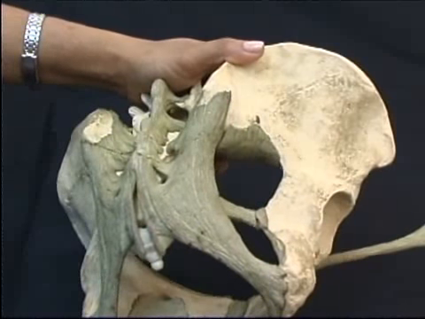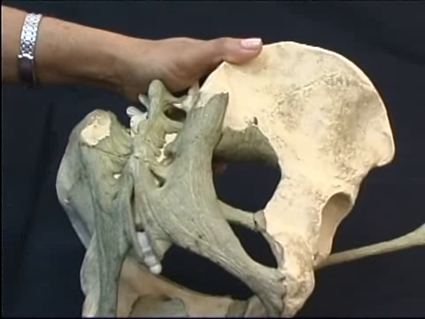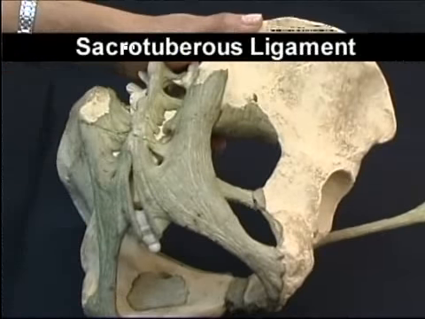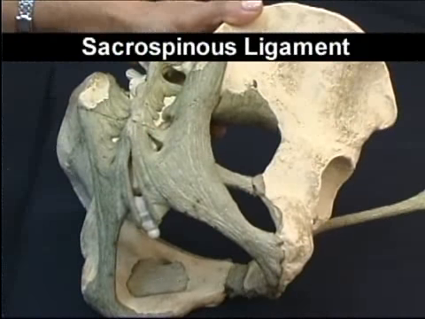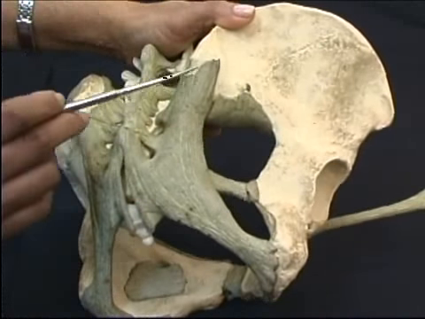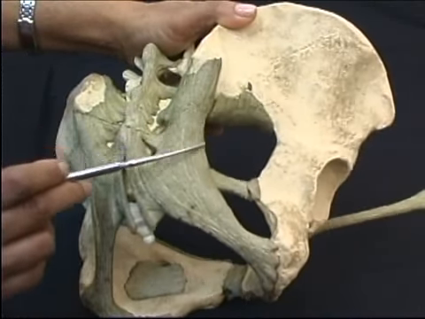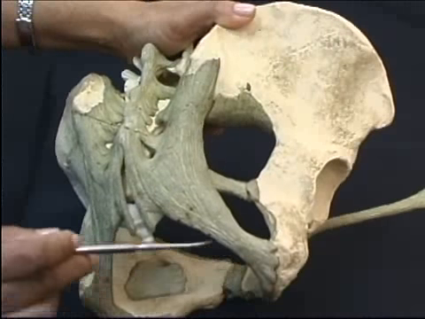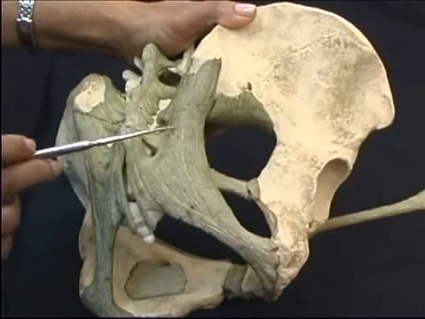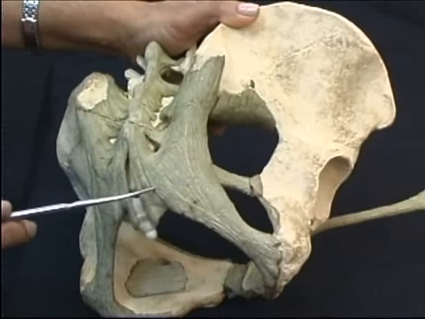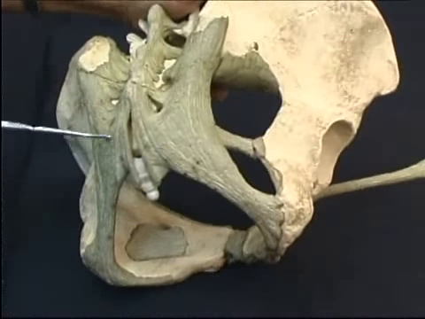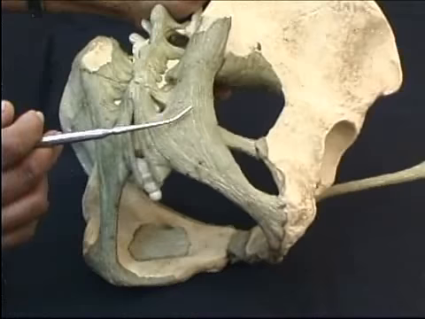On the posterior aspect of the pelvis, there are two ligaments which stabilize the pelvis, sacrotuberous ligament and sacrospinous ligament. Let me show you the sacrotuberous ligament. The sacrotuberous ligament is a triangular ligament. Superiorly, it is attached to the body of the sacrum and the coccyx. The inferior attachment is the ischial tuberosity. So on the right hand side and the left hand side.